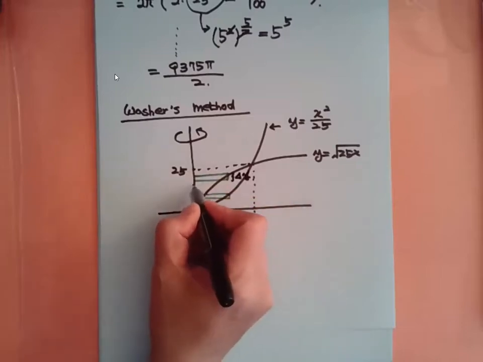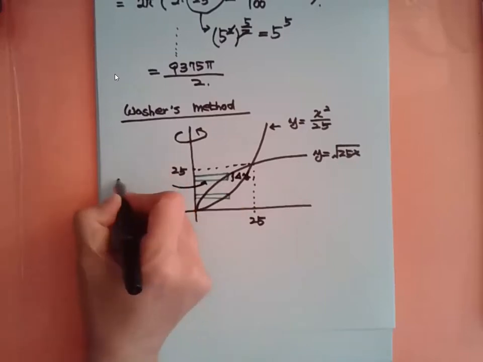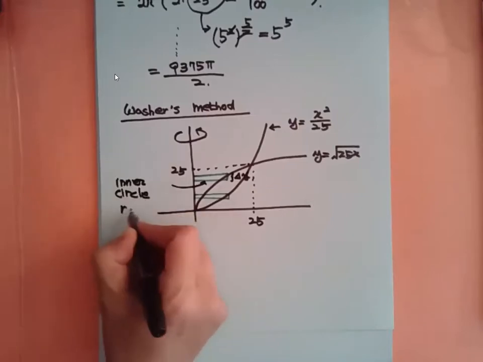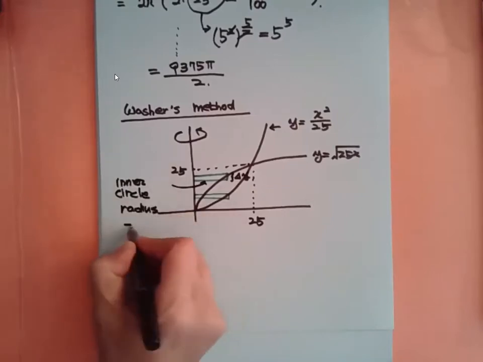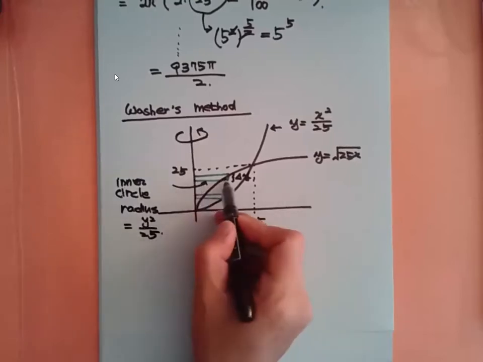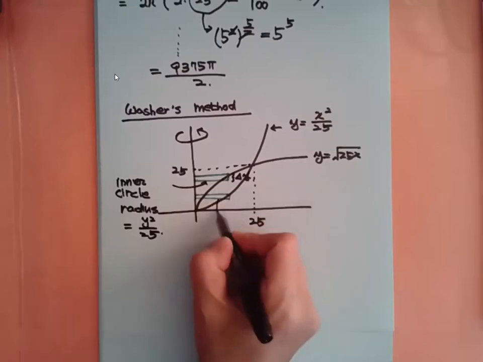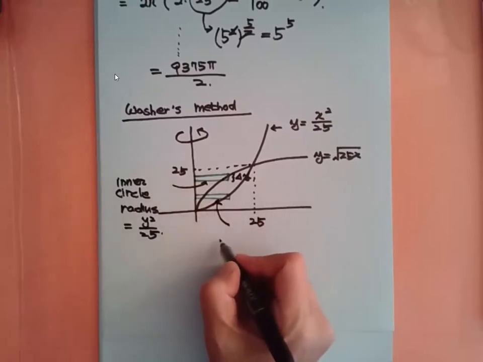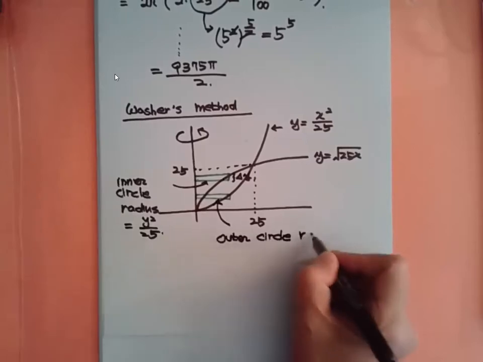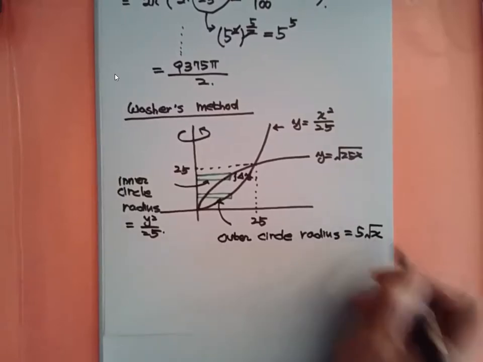And the radius of the inner circle is y squared over 25, because this is just the distance in the x coordinate. And the radius of the outer circle is 5 square root of y.